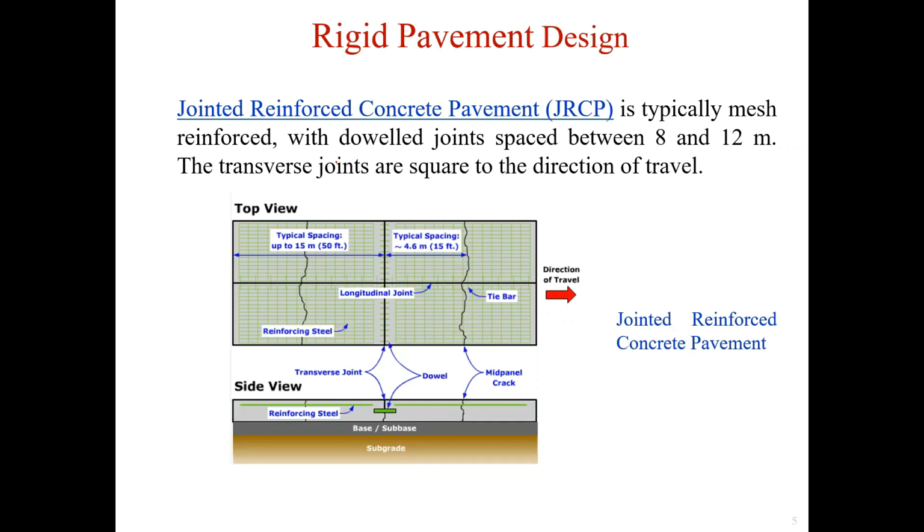The jointed reinforced concrete pavement is normally mesh reinforced with doweled joints spaced between 8 and 12 meters and up to 15 meters, as shown here. The transverse joints are perpendicular to the direction of travel. Intermediate cracks are expected to form at about 4 to 6 meter spacing and often within days of paving.